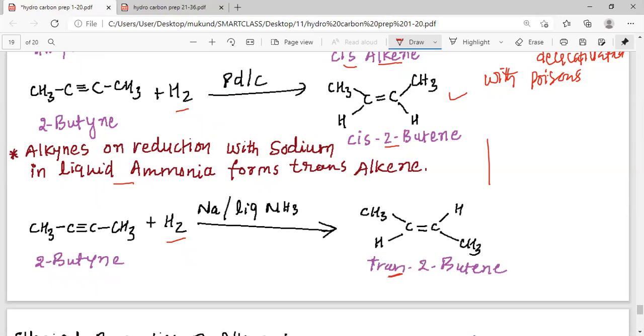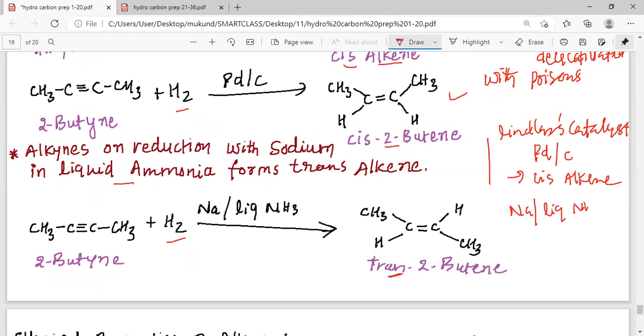So please remember, my dear students, that Lindlar's catalyst, which is partially deactivated pelletized charcoal, will give us the cis alkene, but sodium metal with liquid ammonia, if allowed to react with alkyne, gives us the trans alkene.